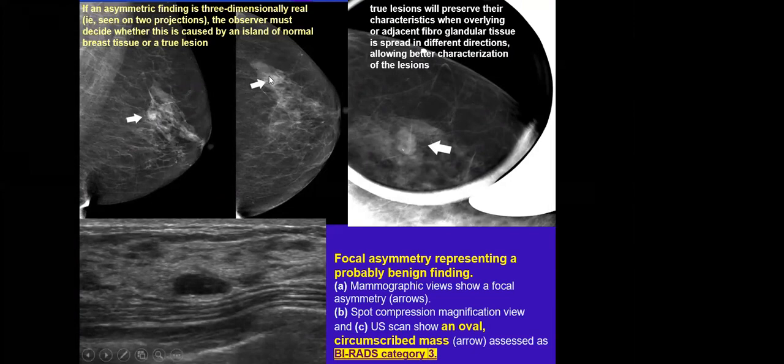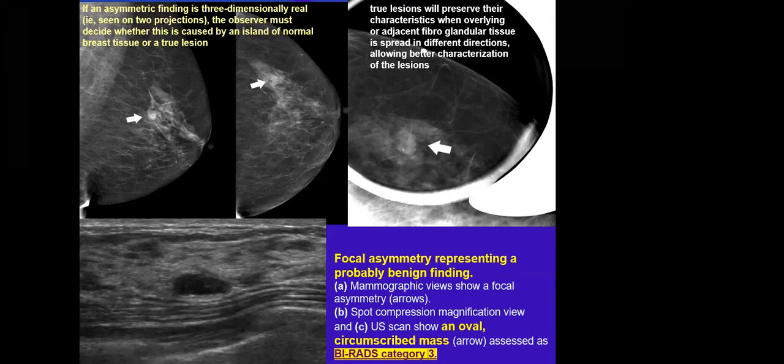The area is just denser than the adjacent tissue, but not giving the conspicuity of a mass. However, the spot compression view demonstrates that it represents a focal circumscribed oval mass. Why? Because by adding compression to that area, we spread the overlying tissue that was obscuring this underlying mass.